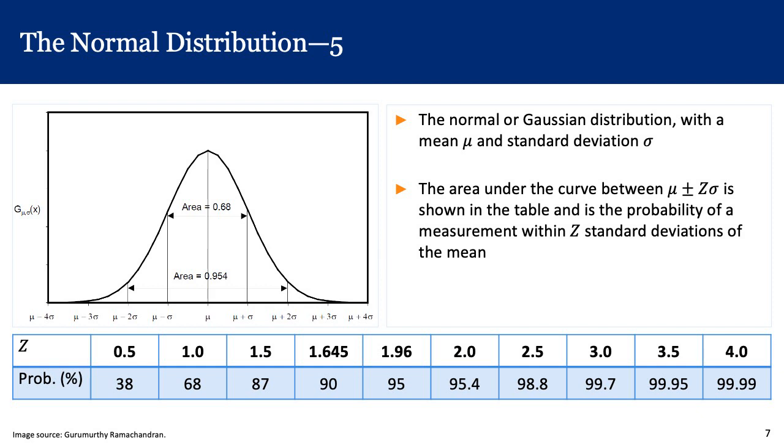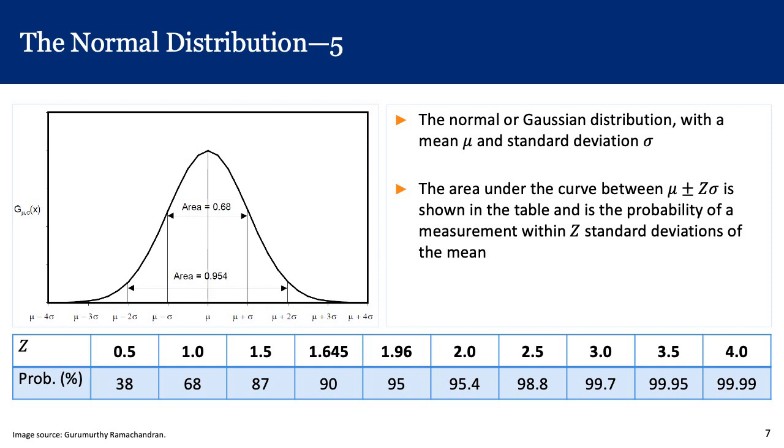So we have this bell-shaped curve with the middle point mu, which shows the peak of this distribution for g. And the area under the curve between mu minus z times sigma to mu plus z times sigma is shown in the table. So, for instance, if we take the value of z equal to 1, we are basically saying what is the area under the curve between mu minus 1 sigma to mu plus 1 sigma, so the area under the curve within one standard deviation of the mean on either side.